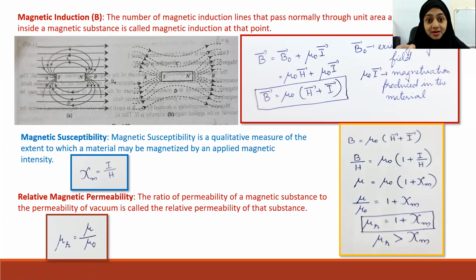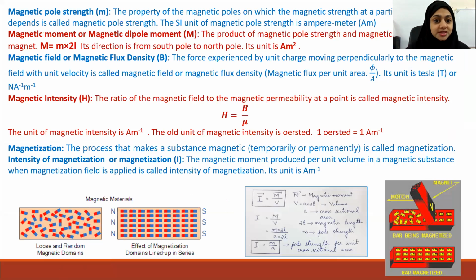Remember, the magnetic flux means magnetic field lines per unit area. That is also B. The number of magnetic field lines per unit area is also B. So it is also represented as magnetic induction. Remember the definition.